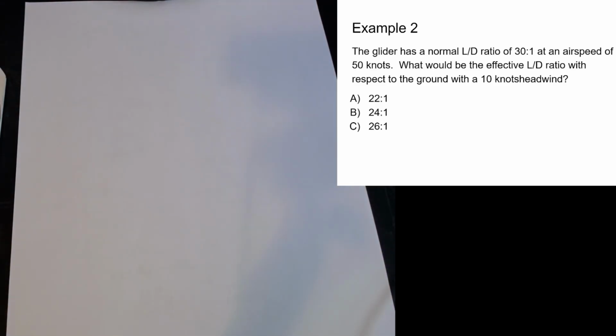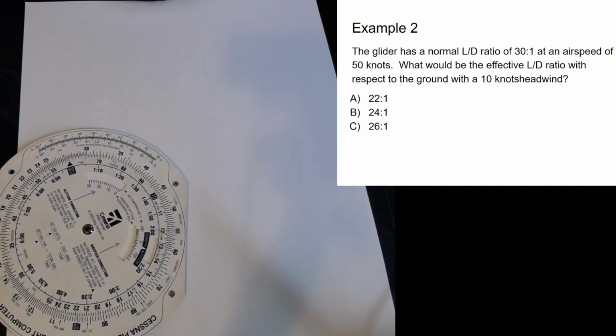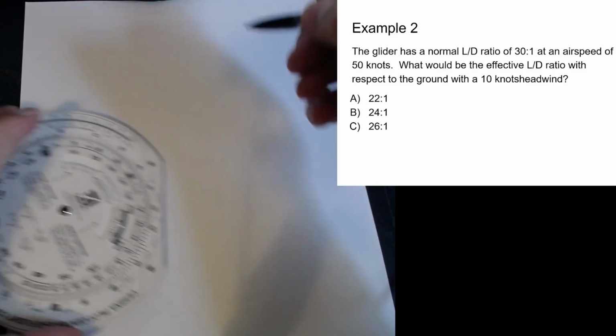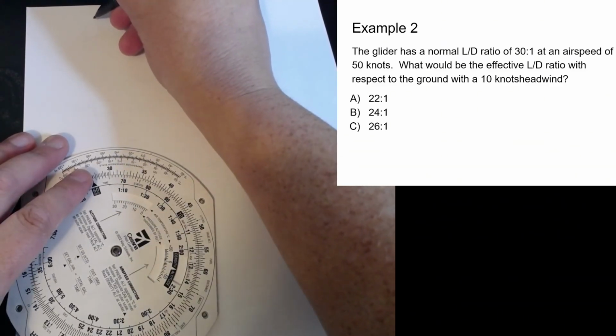Okay, example 2. The glider has a normal L/D ratio of 30:1 at an airspeed of 50 knots. What would be the effective L/D with respect to the ground with a 10 knot headwind? Okay. So we know, again, write down what you know.